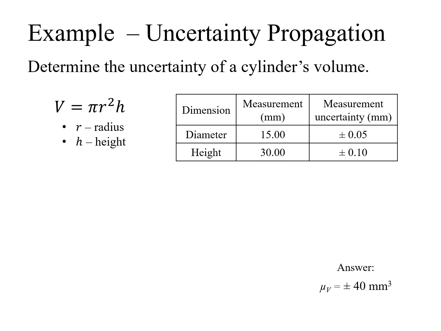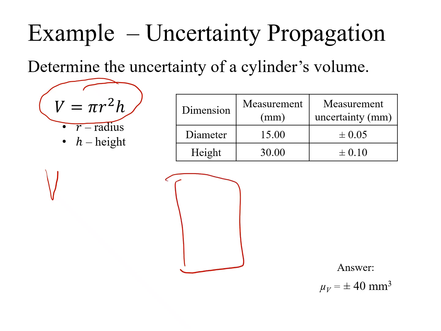You could do it for volume as well. This is another example: if you want to calculate the volume of a cylinder, you don't get volume directly. You measure the radius, maybe with a vernier caliper, so there is some error associated with that, and you also measure the height, with error associated with that.